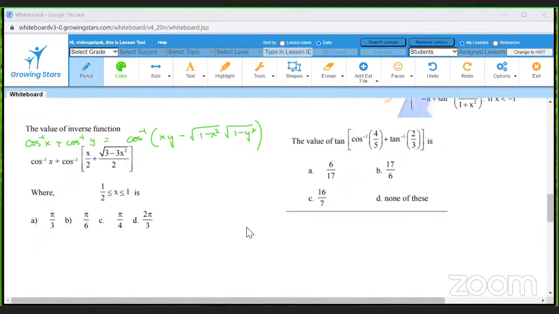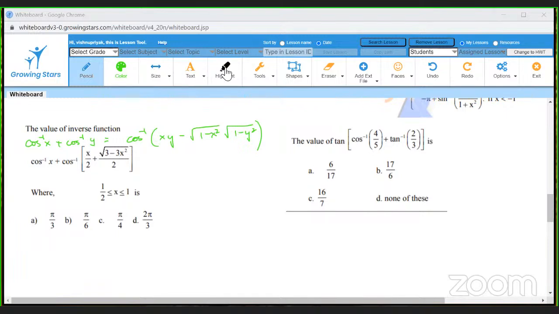This is one formula for cos inverse x plus cos inverse y. So you have to use this formula. But if you see y, it is not in a proper form. The y is a very difficult form.